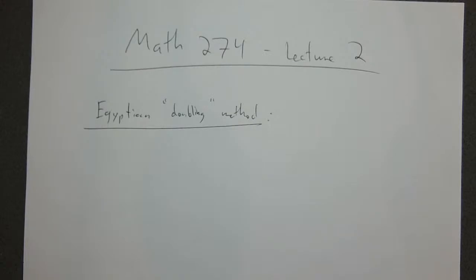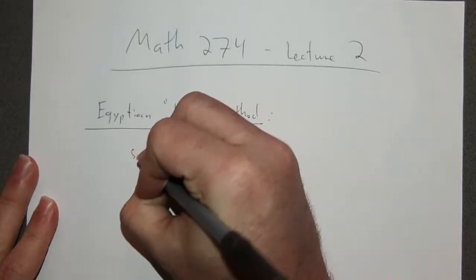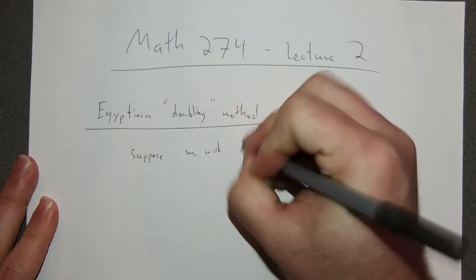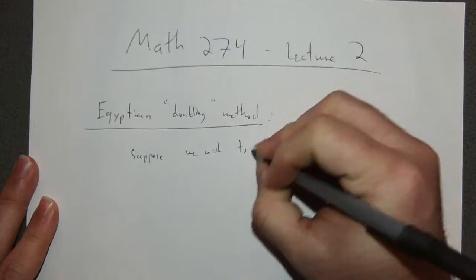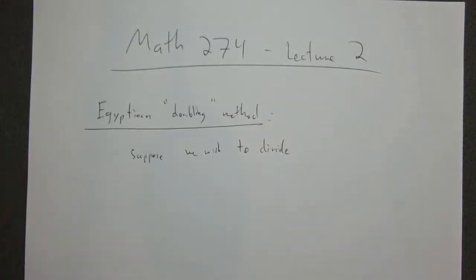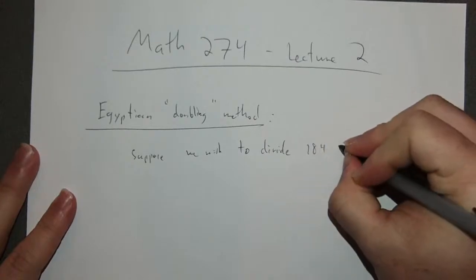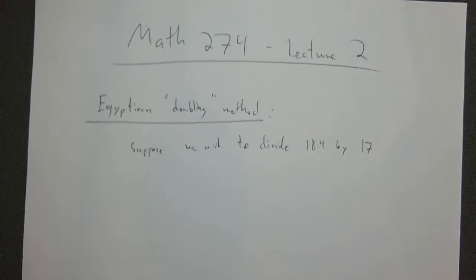So let's suppose we wish to divide, say, 184 by 17. How can we do division using the doubling method?